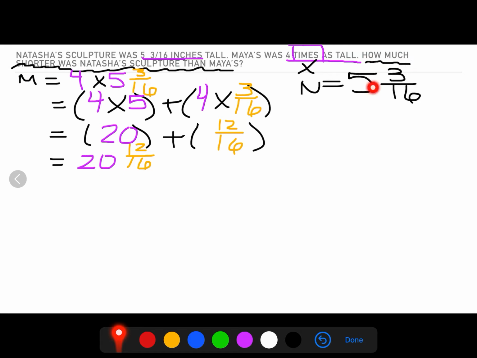I'm finding the difference between these two numbers. What operation tells me to find the difference? That's right, subtraction. So let's go ahead and subtract Natasha's height from Maya's height. So 20 and 12/16 minus 5 and 3/16.